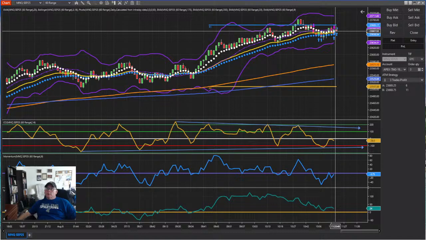Take one more shot at a short. We have one red bar. See if we get the second red to form on the 3 minute.